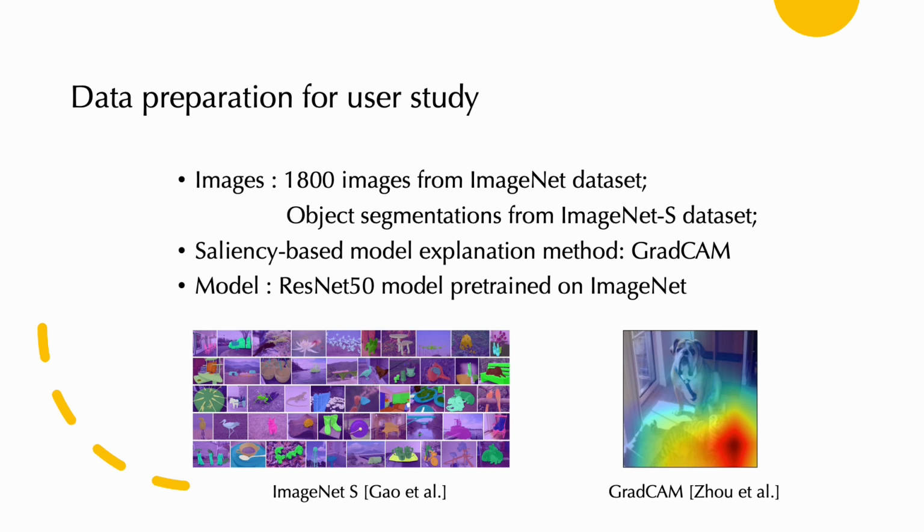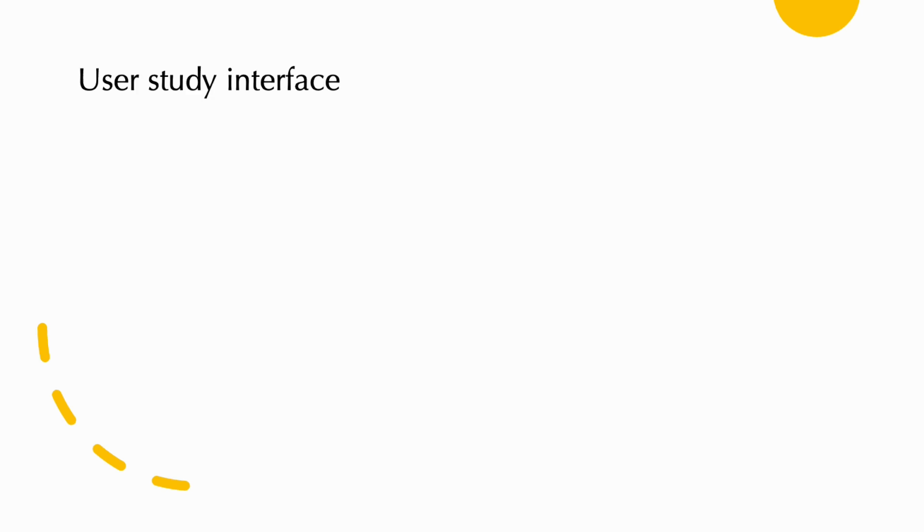For the dataset we used in our study, we select 1,800 images from ImageNet and obtain the segmentation masks for each object on the image from the ImageNet-X dataset. For each image, we used ResNet 50 to make predictions about it, and applied Grad-CAM to generate saliency-based explanations for the model predictions of that image. Here is the interface of our user study.